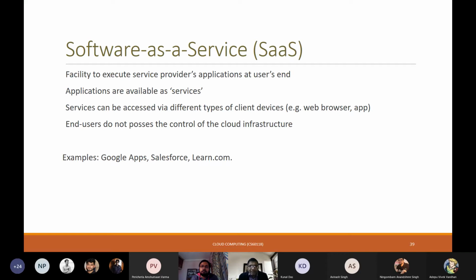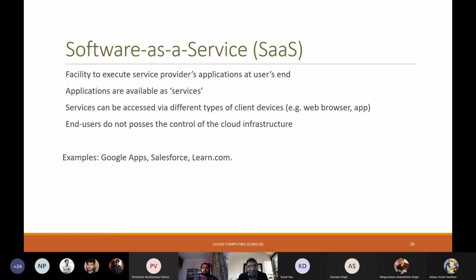So these applications are available as services, and these services can be accessed via different types of cloud devices. For example, either through a web browser, or it could be through an Android app or any other mobile app, right? And these end users, they do not possess the control of the cloud infrastructure. They cannot control the underlying infrastructure, but they can enjoy these different types of software, these different types of applications that have been built for them to be used.